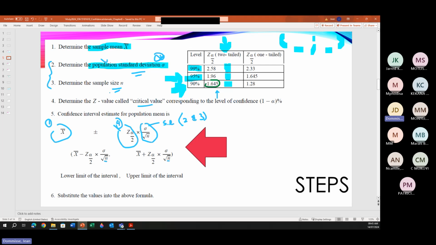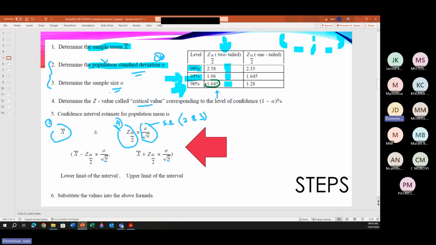They normally won't, I don't want to say won't, they might in your assignment do something like that. But in the exam, it will be clear if you need to use the T or the Z. So they won't in the exam do the sample size thing with a standard deviation.